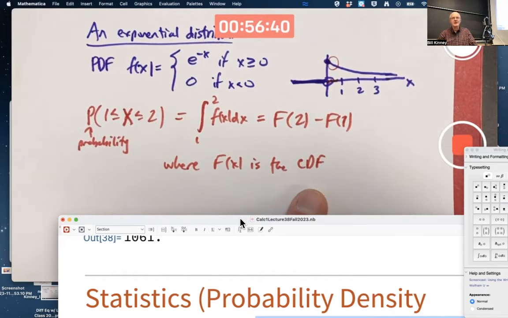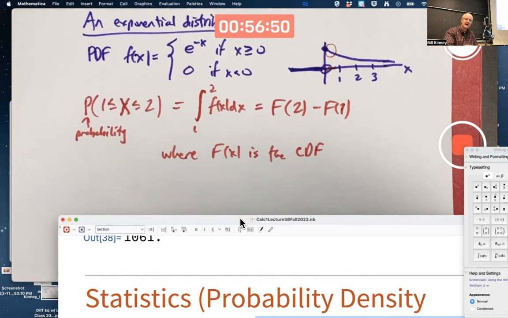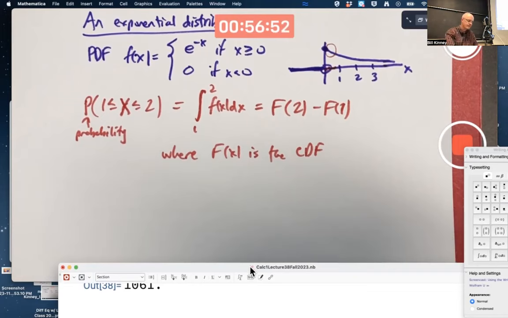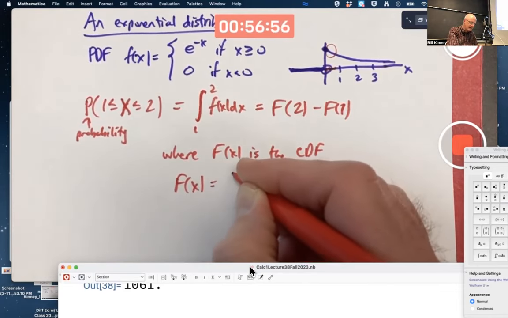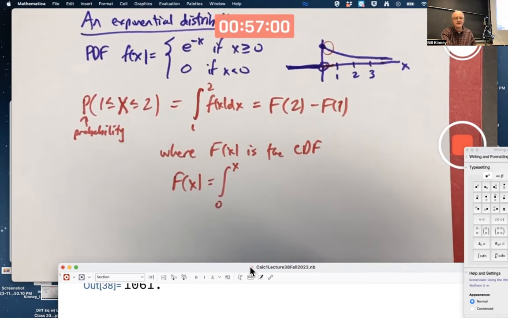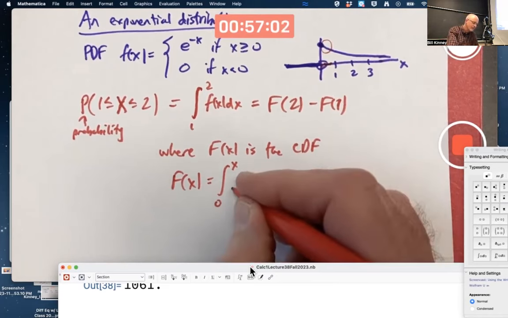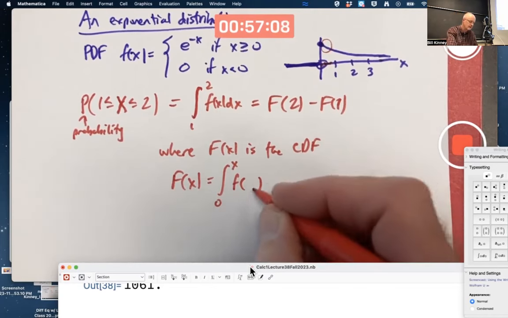CDF stands for cumulative distribution function. It's not any old antiderivative of little f. It's one particular one. And in this kind of situation, it's the integral of little f from 0 up to x in this kind of situation. Integral of little f. What should I call the variable of little f here? Something other than x. How about u?